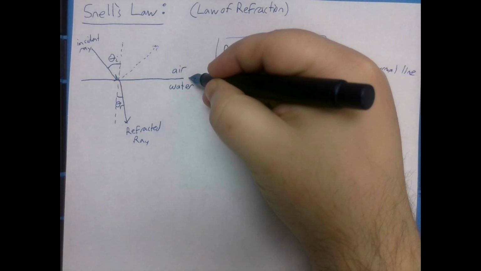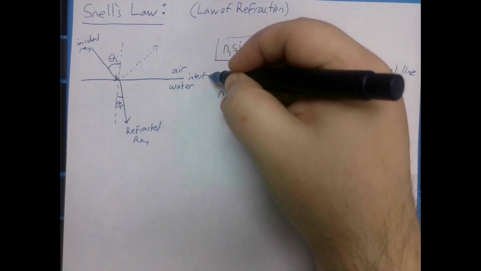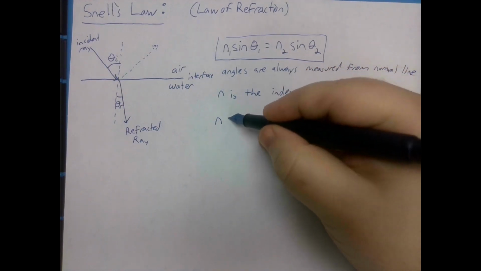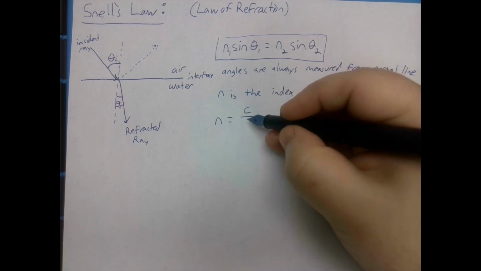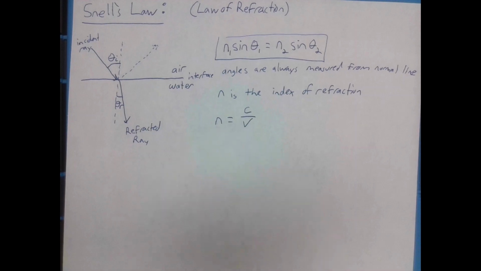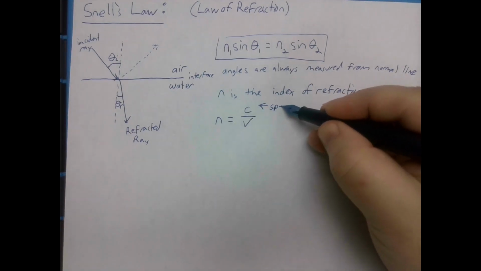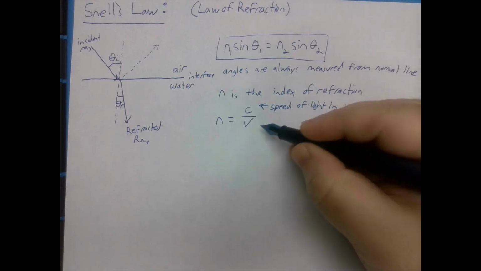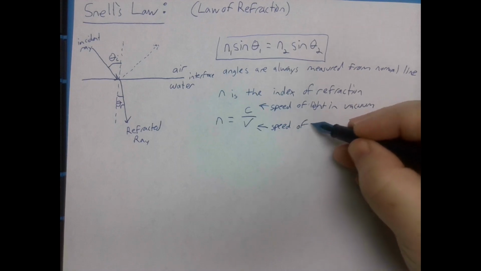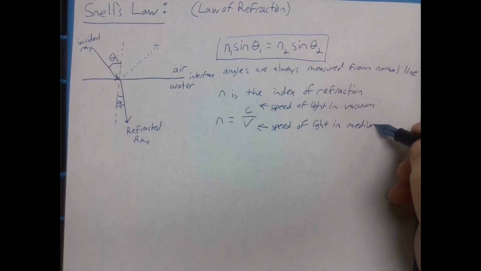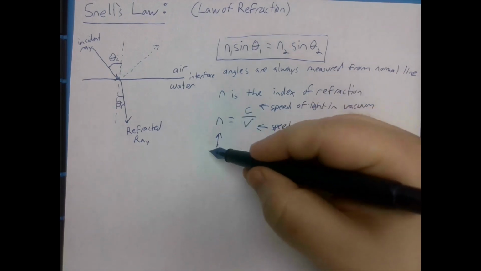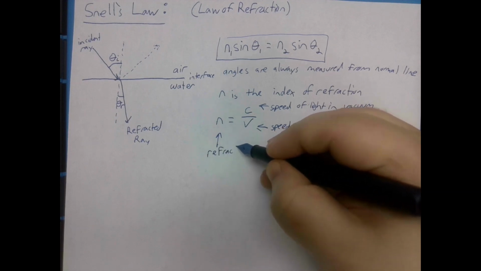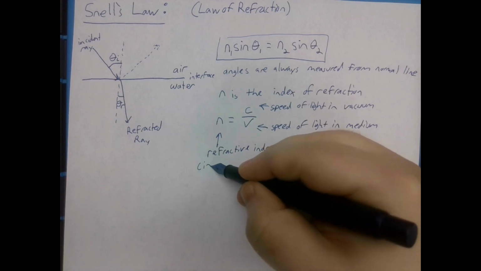N, the index of refraction, is equal to the speed of light in a vacuum divided by the speed of light in the medium. This is the refractive index, also called the index of refraction or refraction index.